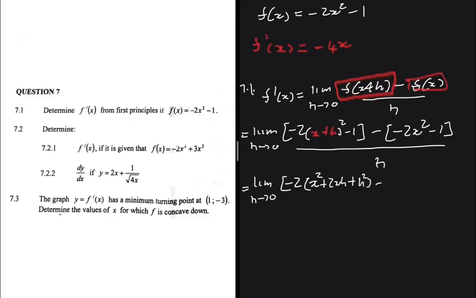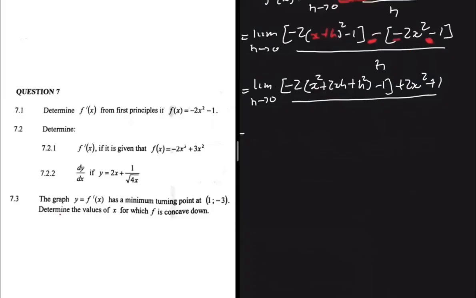And then we have minus 1, and then minus multiplied by minus, that will give us plus 2x squared, and then minus multiplied by minus again, that will give us plus 1, and then everything divided by h, right?